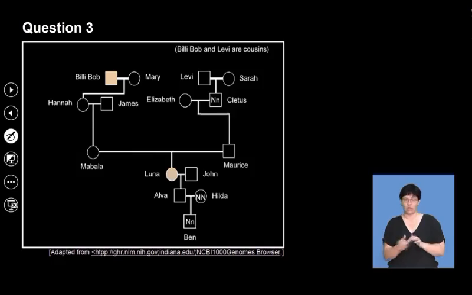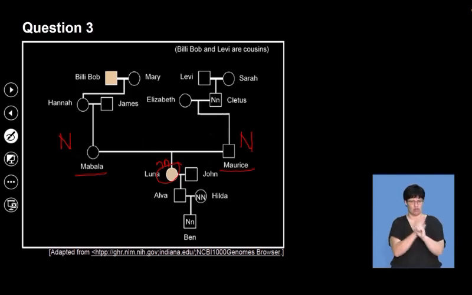So getting back to this, if we look at the distribution of the genotypes for Luna, Luna is certainly affected by this condition. If we look at Mabala and Maurice, both seem to be normal because they have an unshaded circle and square respectively.